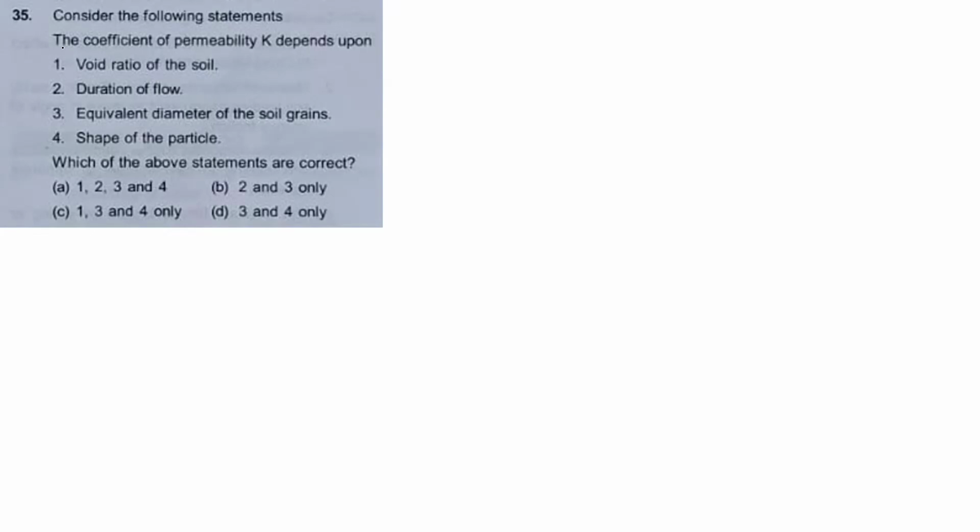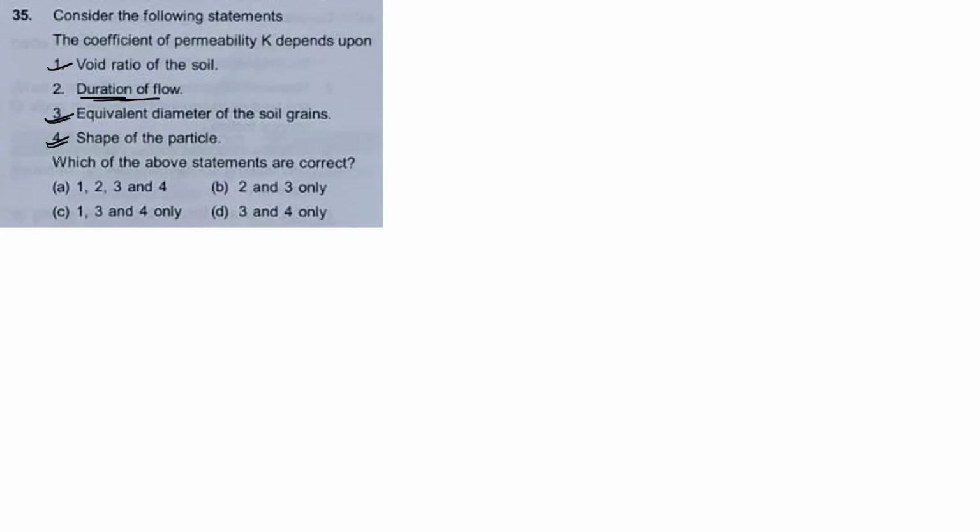Consider the following statements. The coefficient of permeability K depends on void ratio of the soil. Yes, correct. Duration of flow. No. Equivalent diameter of soil grain. Yes, this is correct. Shape of the particle. Yes, this is also correct. So 1, 3, and 4.